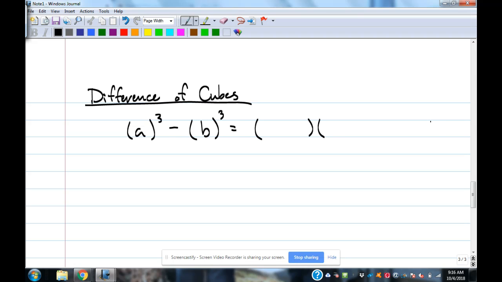Still got a short piece, still got a long piece. The short piece is the same sign. That's A minus B. The long piece, all the parts are the same. A squared, AB, B squared, but it changes to a plus sign in the middle. Pattern is exactly the same except for the signs swap.